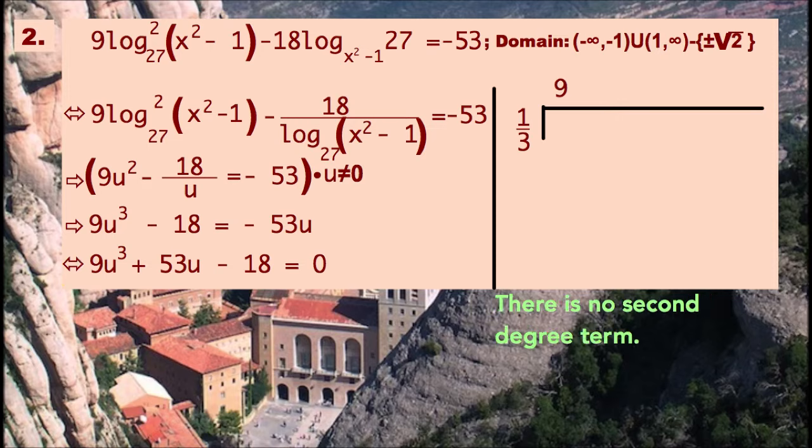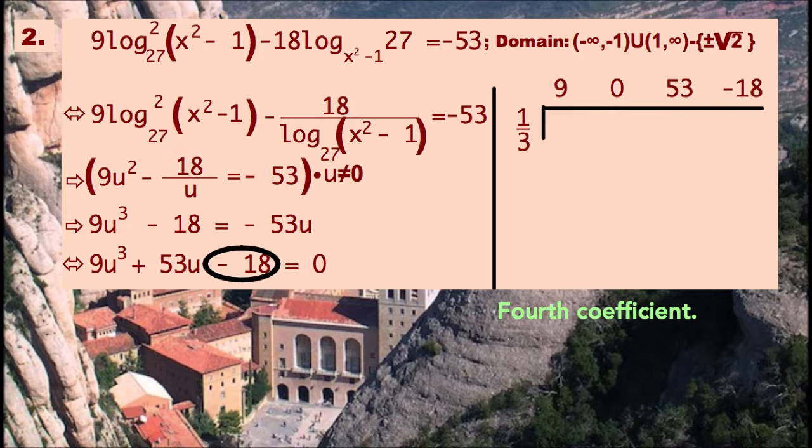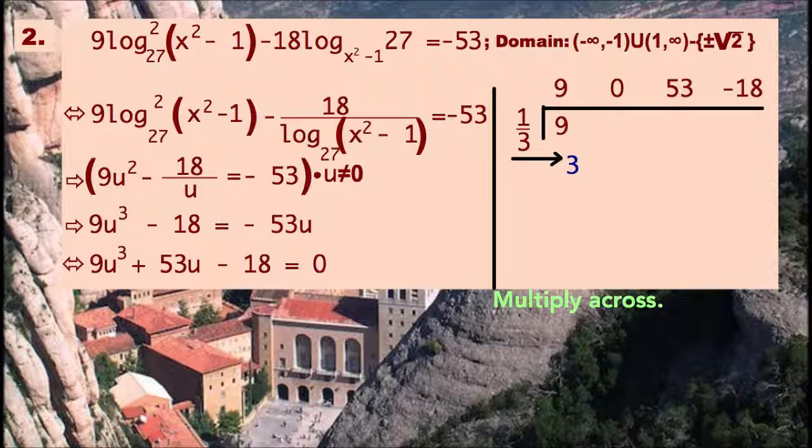There is no second degree term, no u squared, so we have a 0. Third coefficient, 53. And the fourth coefficient, negative 18. Bring down the first coefficient, 9. Multiply across, so 1/3 times 9, which is 3. And add diagonally to 0, which results in 3.